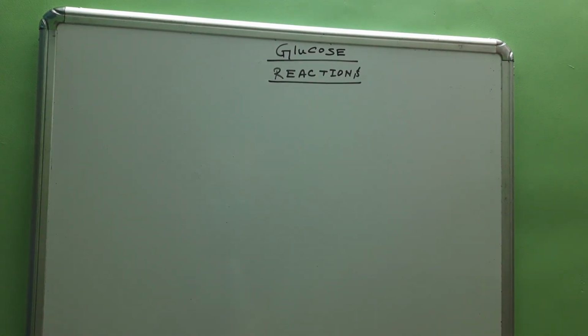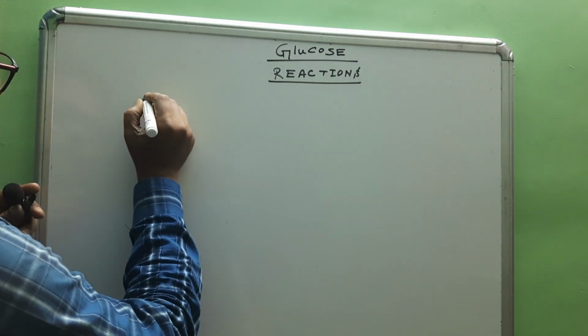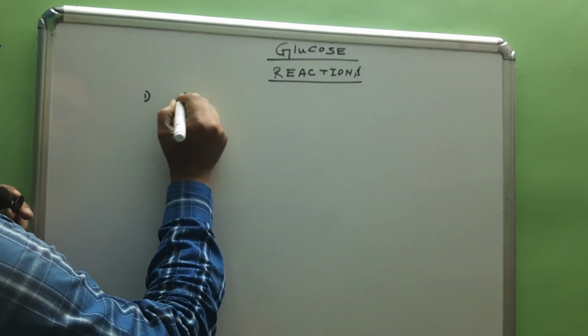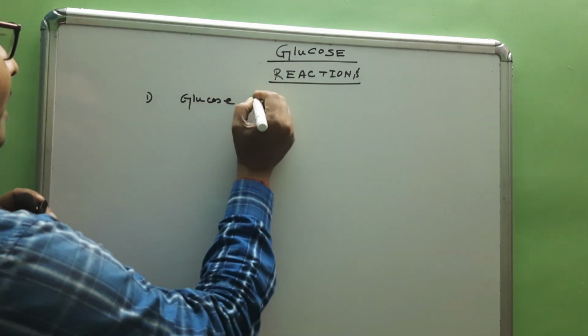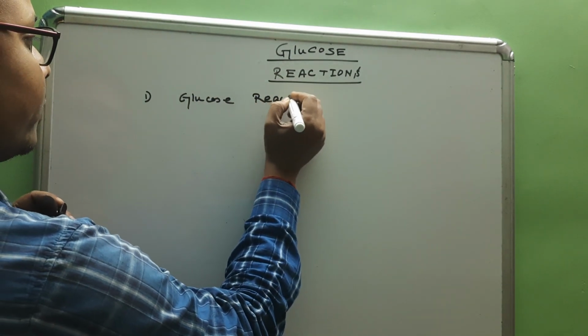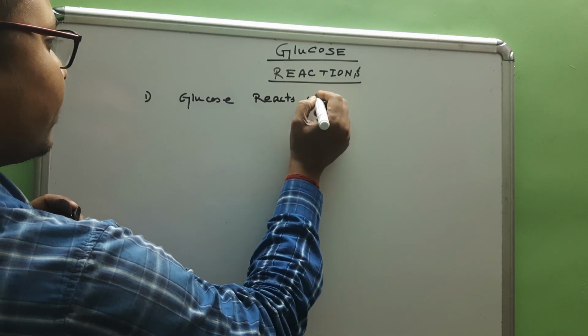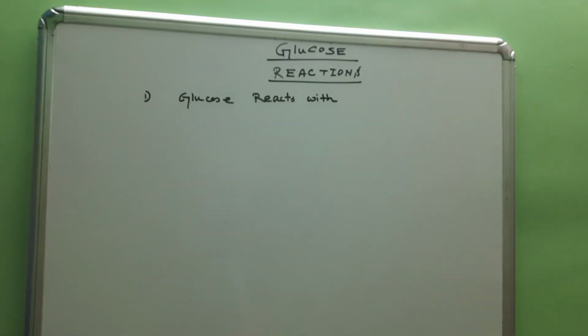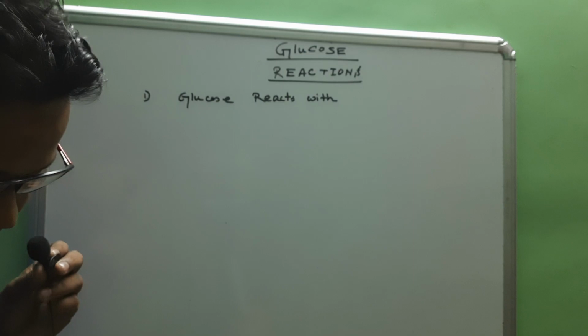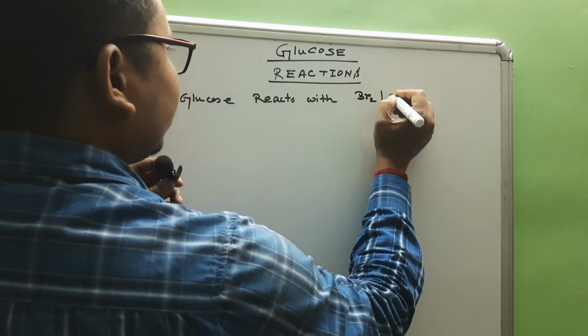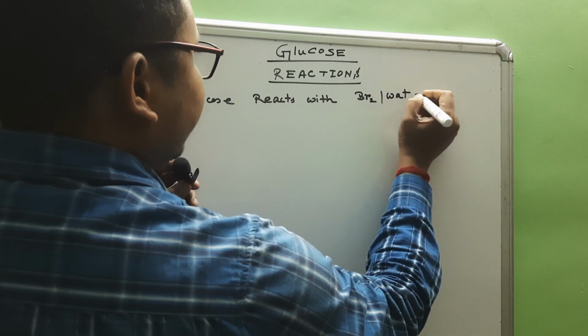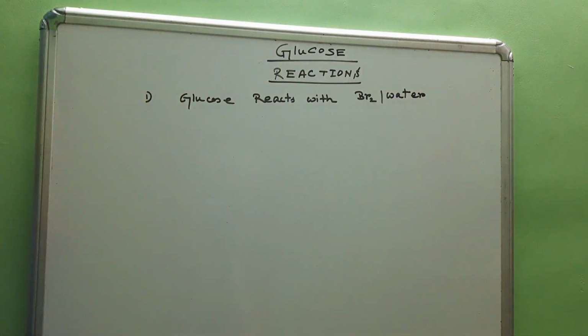First of all, glucose reacts with bromine water, Br2 water. This is a very important reaction.